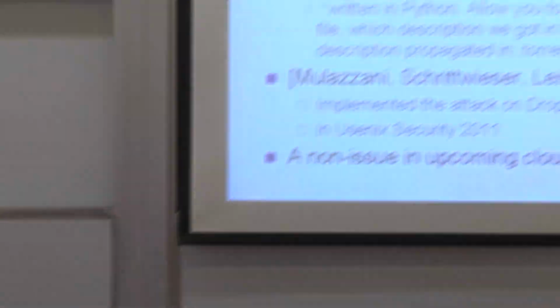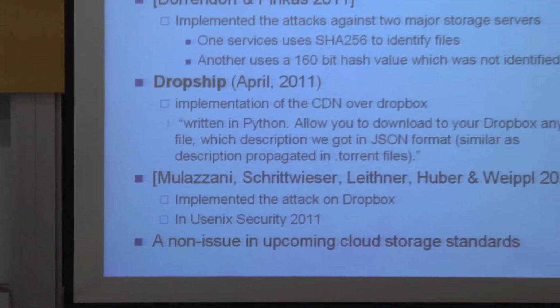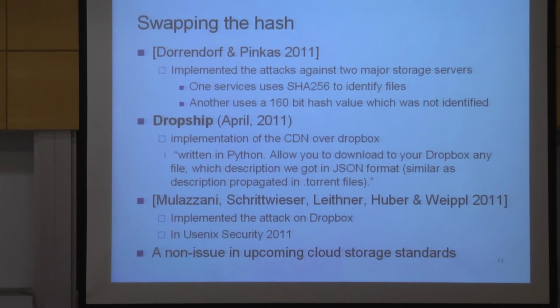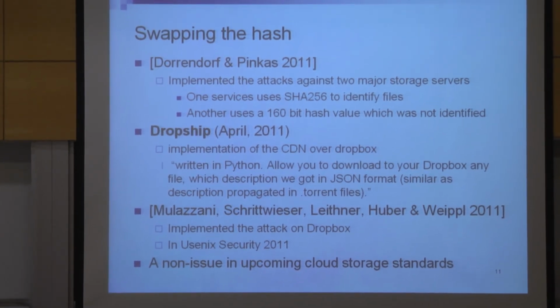There was another paper also attacking Dropbox on this. And I'll say that there are upcoming standards for cloud storage that really want to implement client-side deduplication. So everything is out in the open there. You can swap hashes easily. So it's a non-issue now.